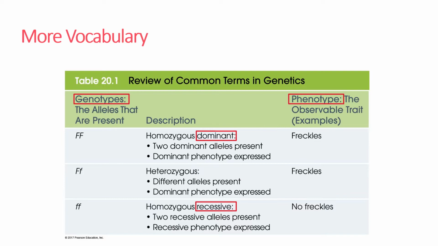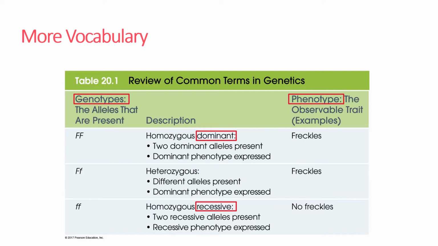On this table from your textbook, we see that when we look at the two different versions of alleles for freckles, freckles are dominant to not freckles. An individual who is heterozygous for freckles would still have freckles.